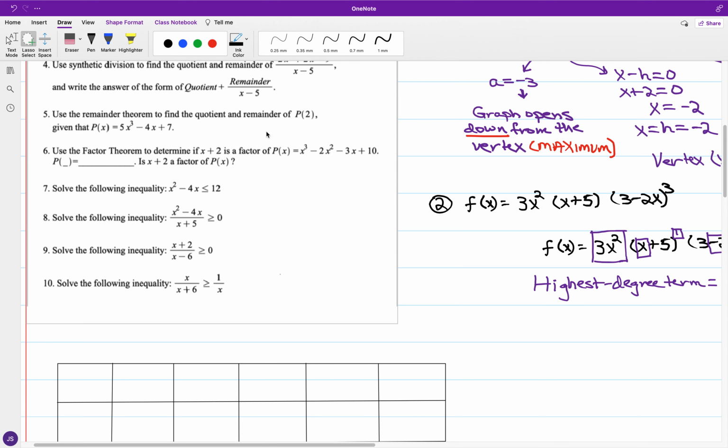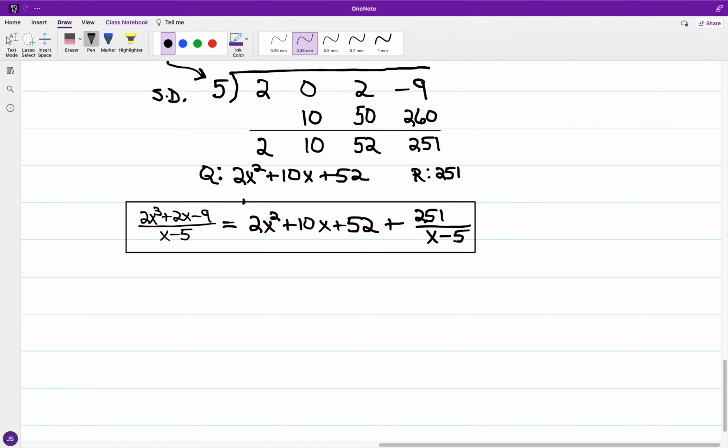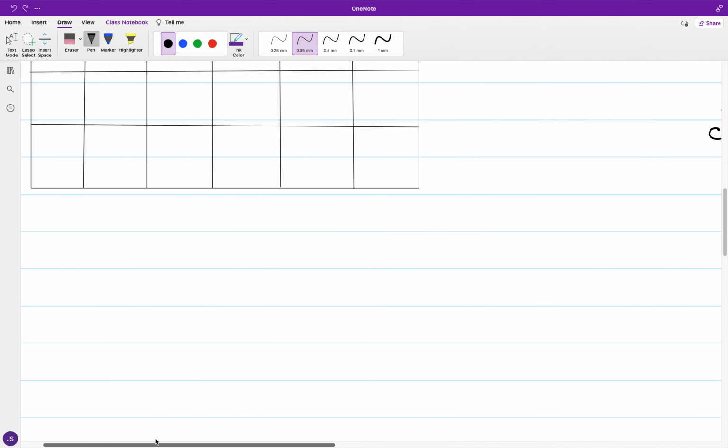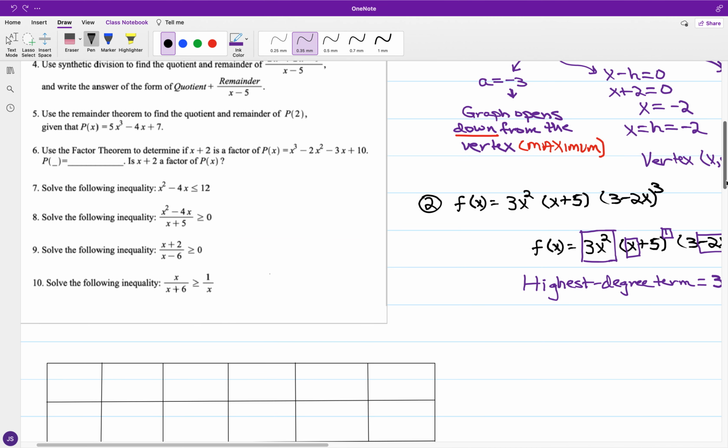And right now we got the dividend, p of x, is equal to 5x cubed minus 4x plus 7, and we're looking for p of 2.